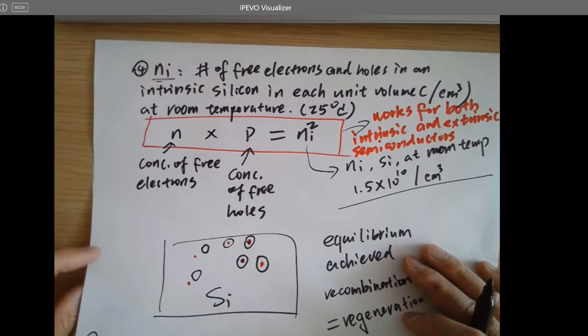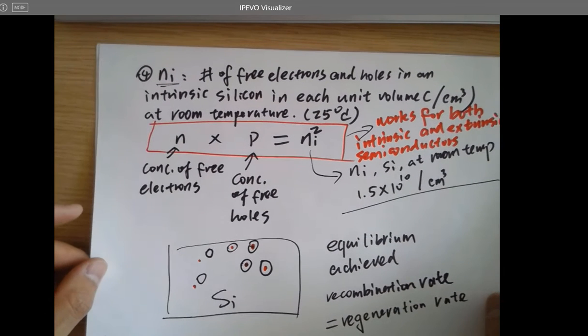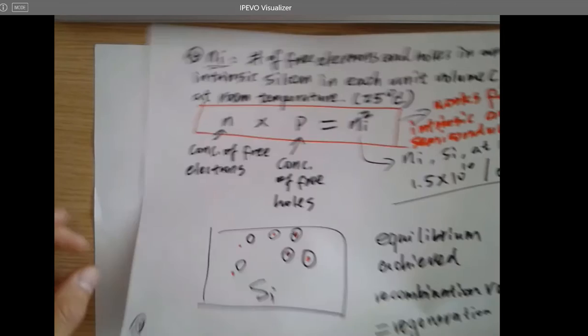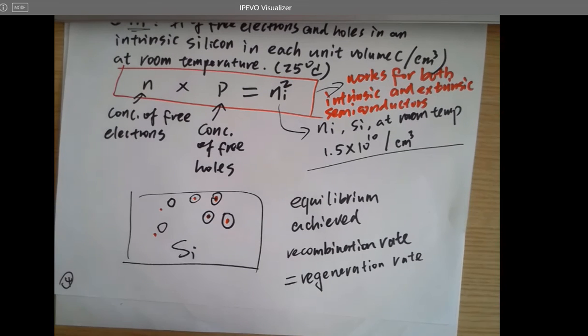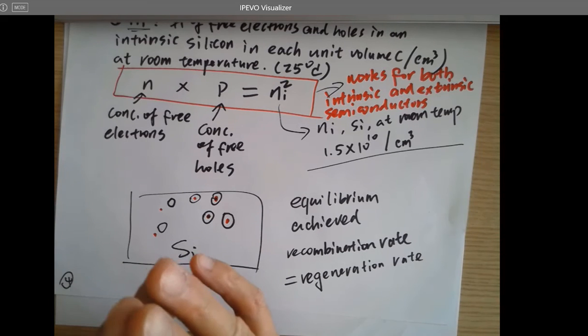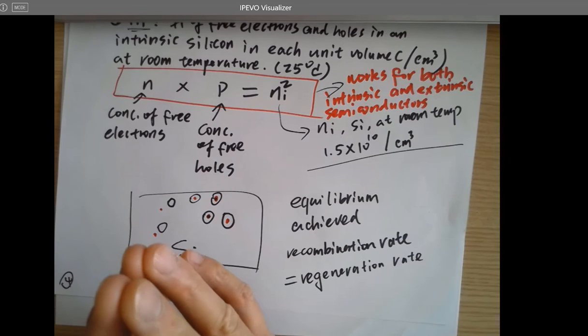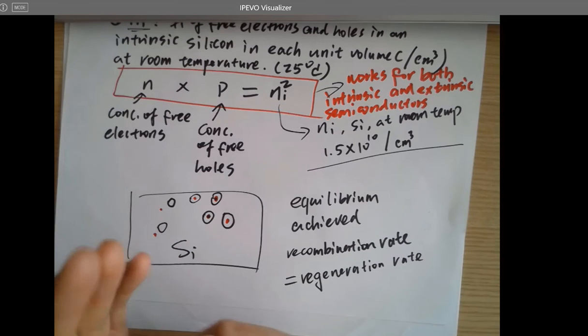All right, let's see some examples. For example, if we have a piece of silicon and we dope it with phosphorus, phosphorus is a donor. Donor of what? Electrons, right?